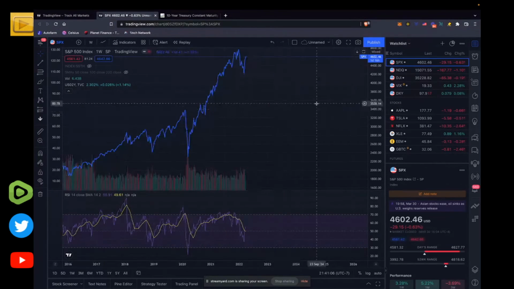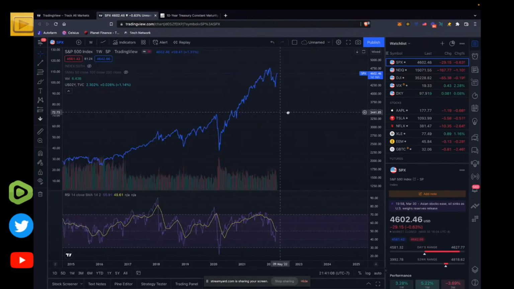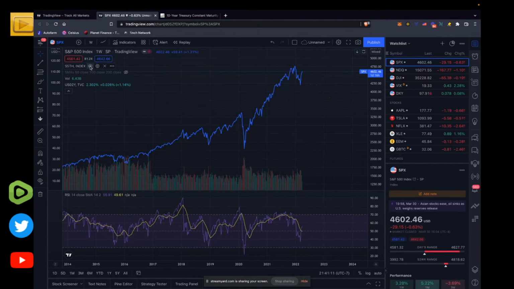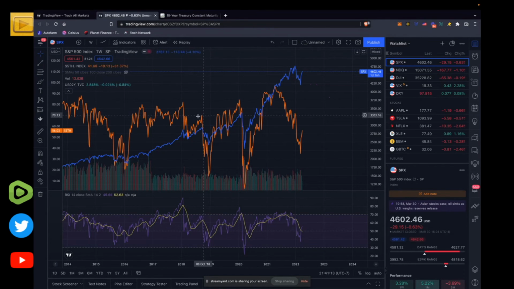And matter of fact, if we go look at the S&P 500, I might still have some old drawing junk on here, but we can take a look. These are the S&P 500 stocks within that, right, that are down X percentage. So if we look at this, where are we at here?